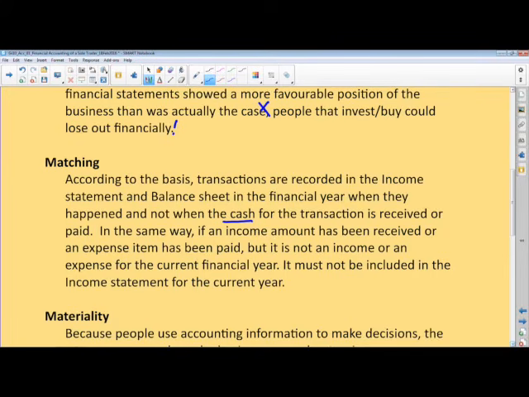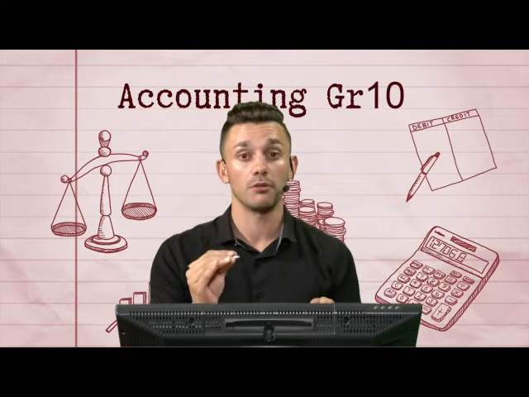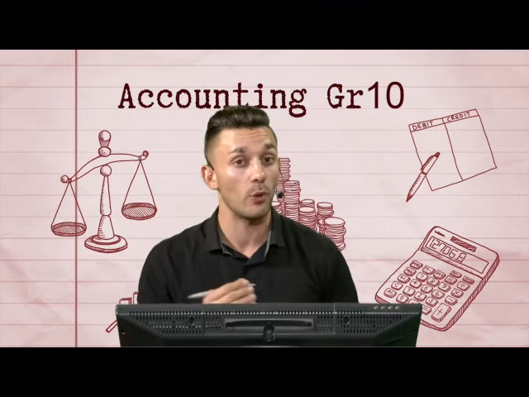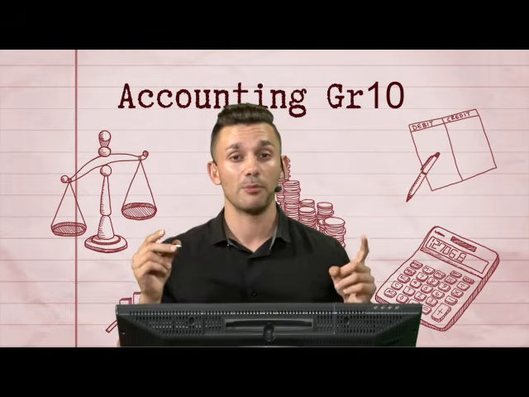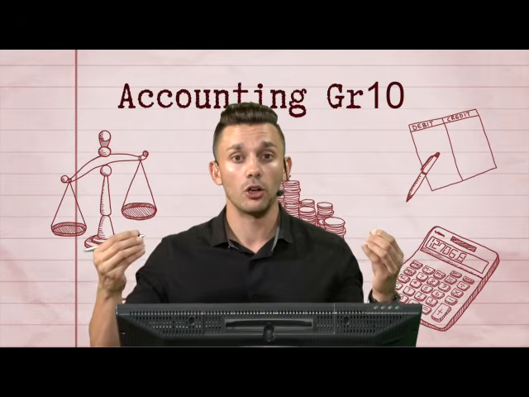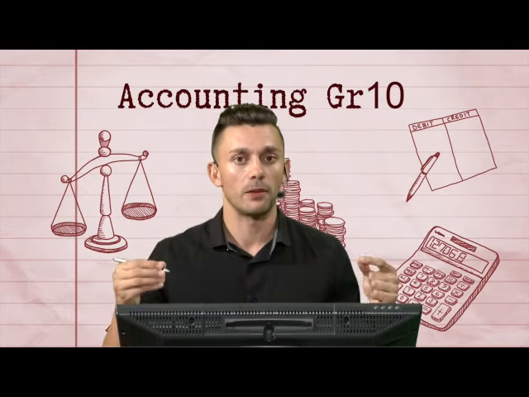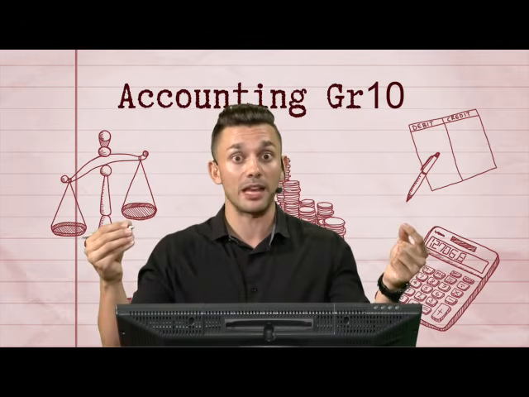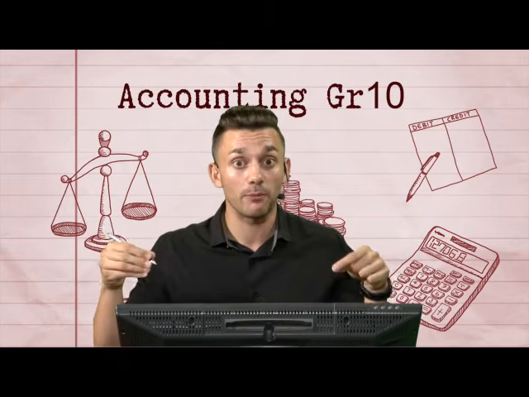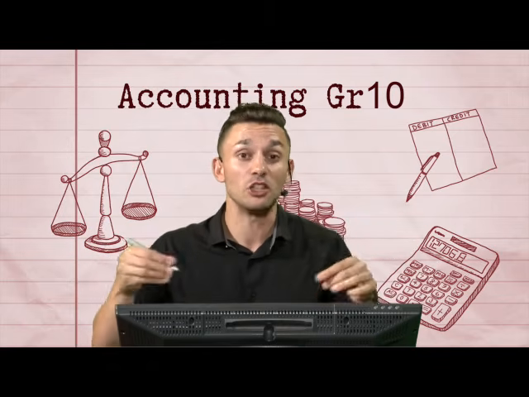It must not be included in the income statement for the current year. So easily, I don't care about when I receive or when I pay. What do I care about? I care about when this income or expense should have taken place. Should it have taken place this year? If it should have happened this year, I need to put it in for this year.